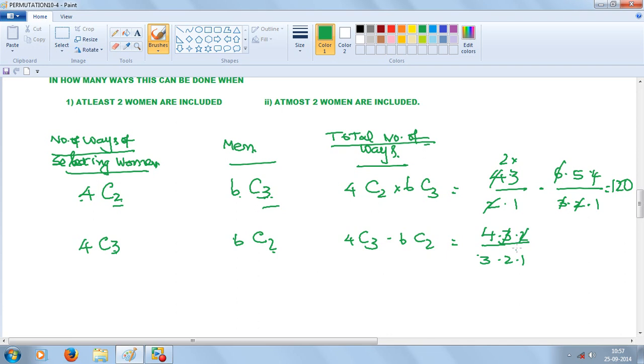These will get cancelled. So it will be just 4. 4C3 is just 4 multiplied by 6C2. 6C2 is 6 multiplied by 5 divided by 2 multiplied by 1. So we cancel, 3 5s are 15. 15 4s are 60 ways.